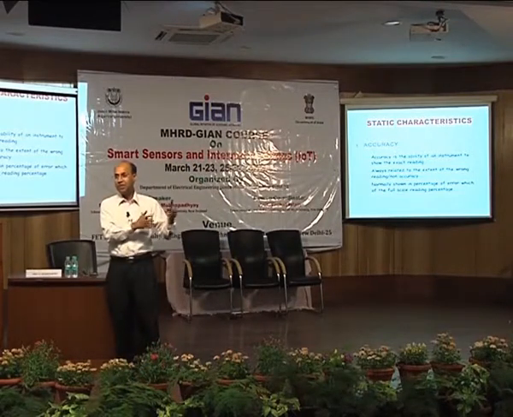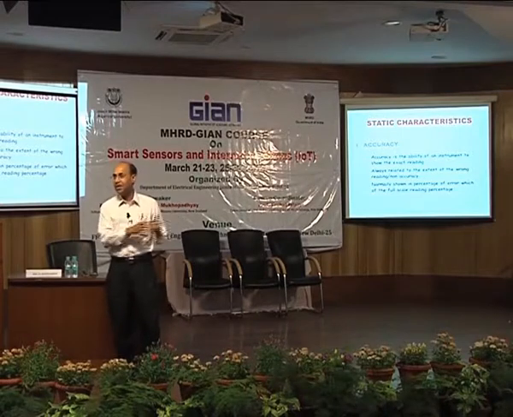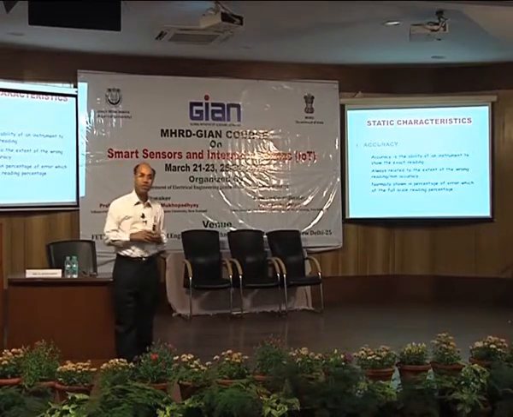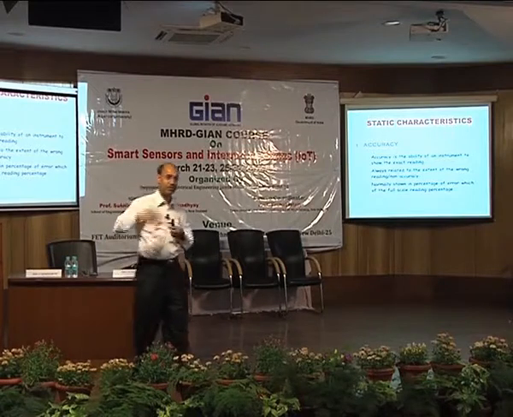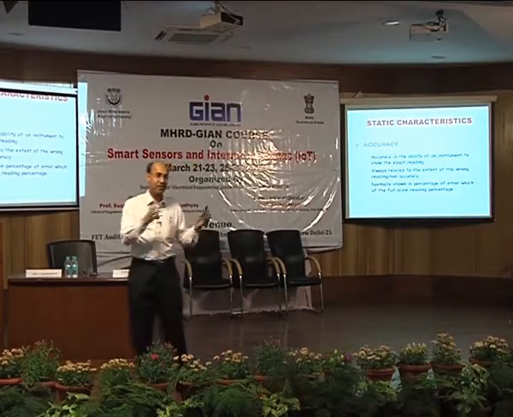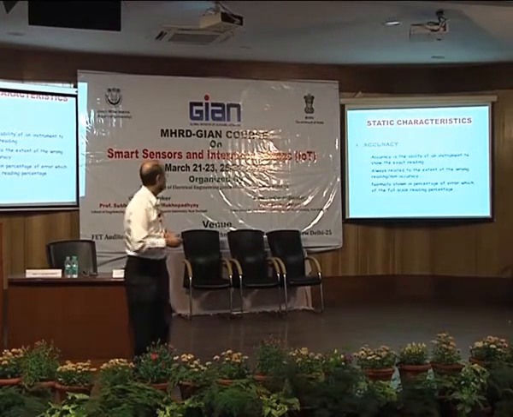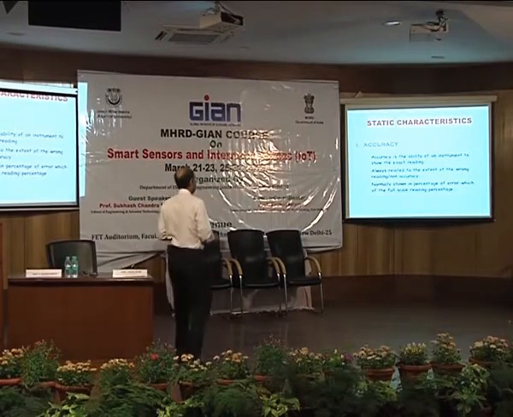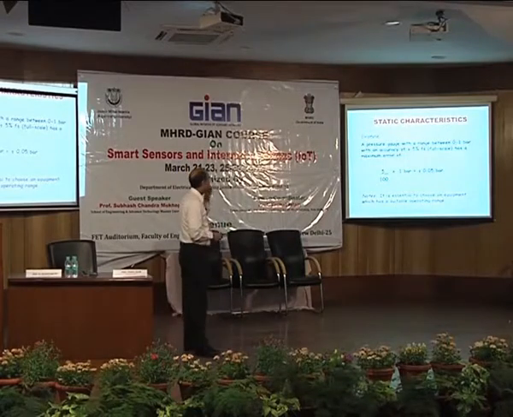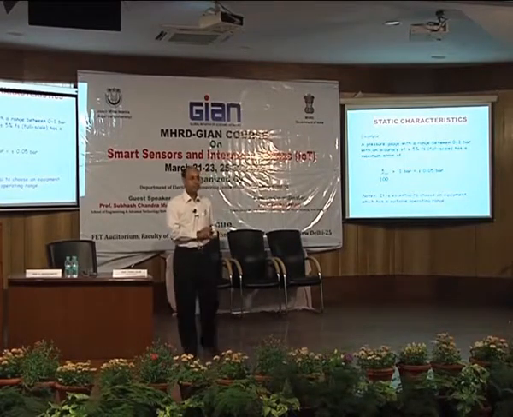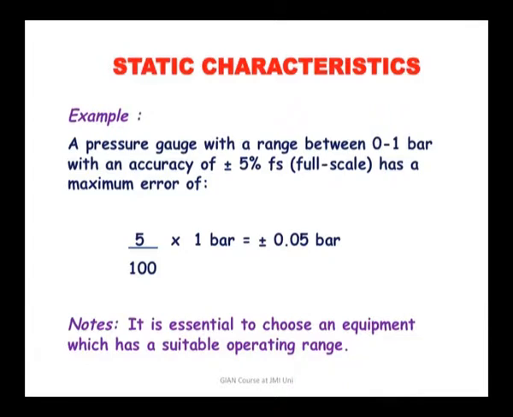In order to get more accuracy for 1 volt, you have to go for the other range. So the manufacturer can play around, but as engineers we need to know what exactly we mean by that. Let us say that we use a pressure sensor. It operates in the range of 0 to 1 bar, and we say it's plus minus 0.5% accurate.